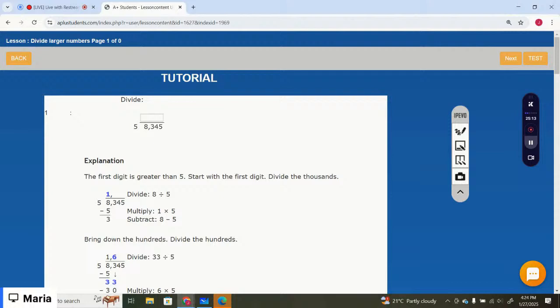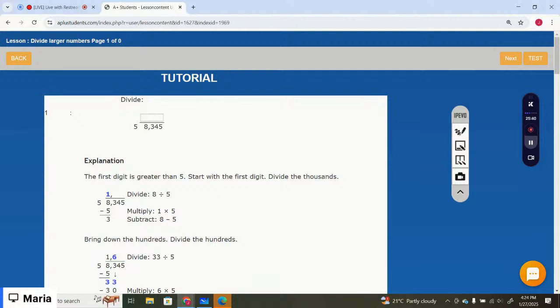8,345 divided by 5. We are going to divide using the long division method.